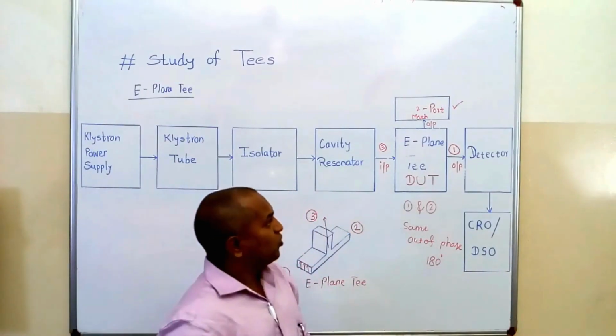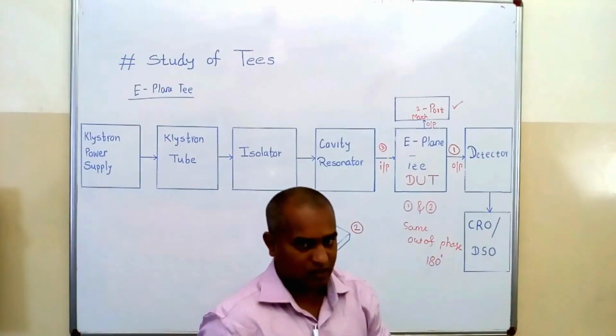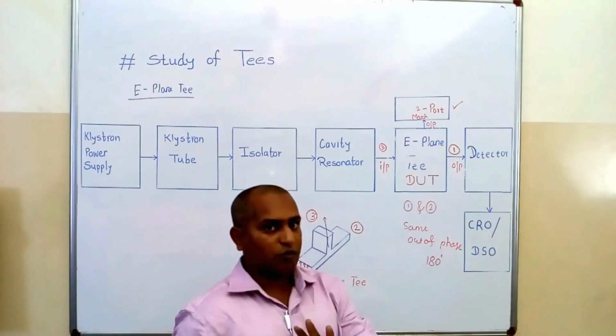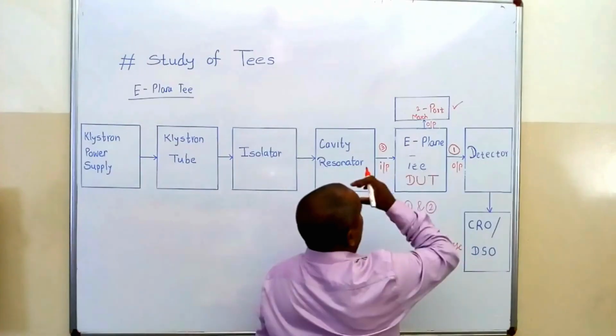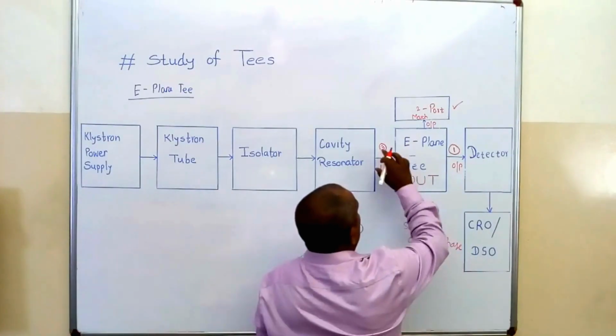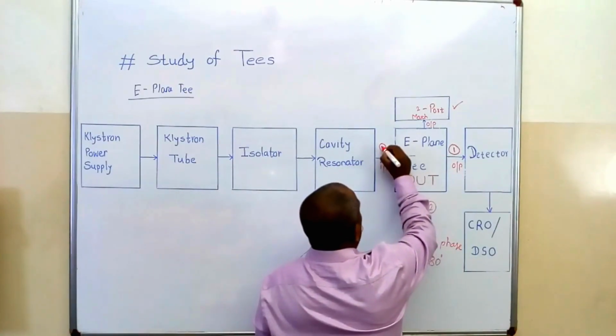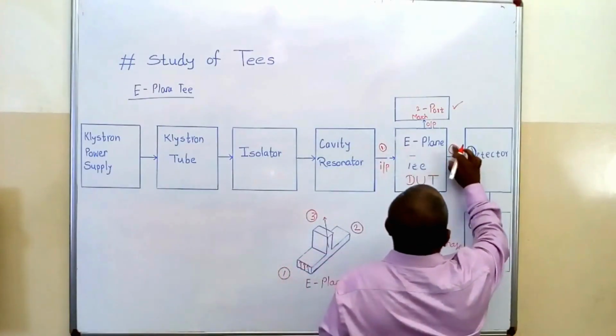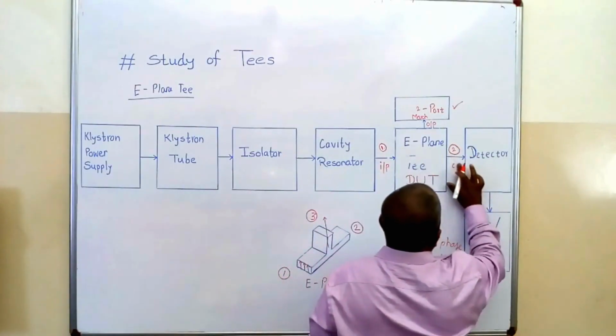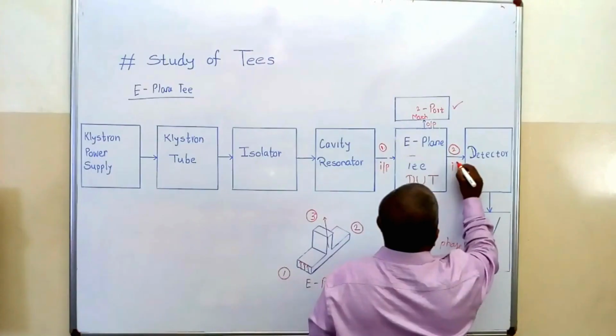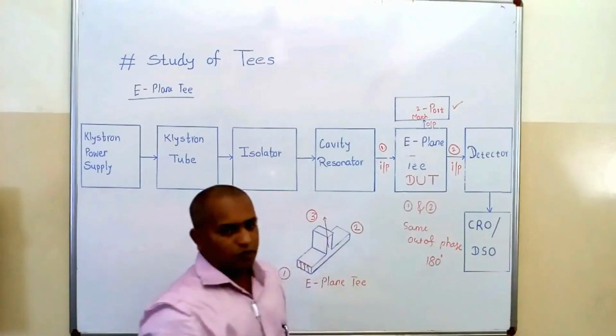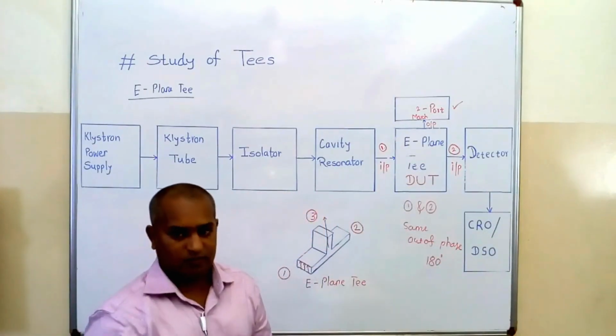Now if we do something different, case number 4. Let's assume we apply the input to port number 1 and port number 2. Here we will apply the same magnitude input of the same phase.